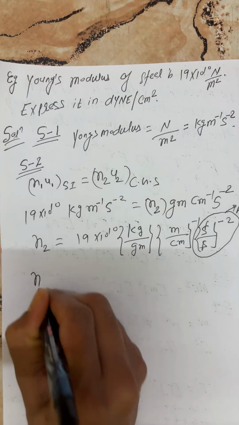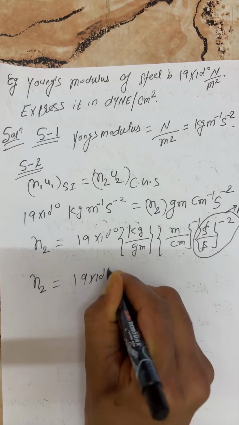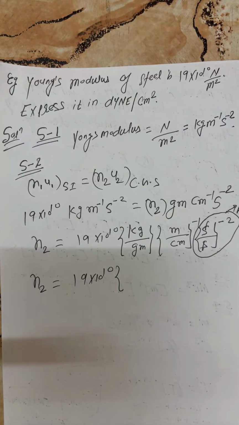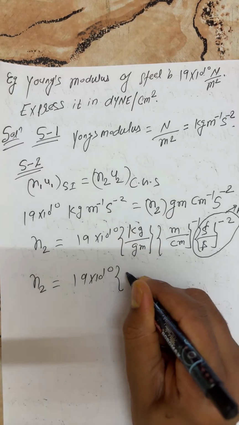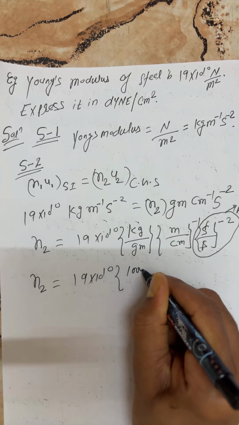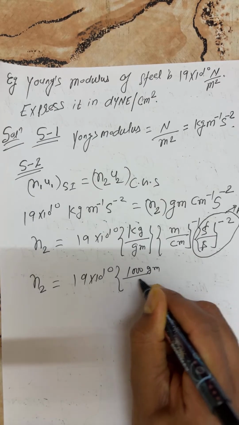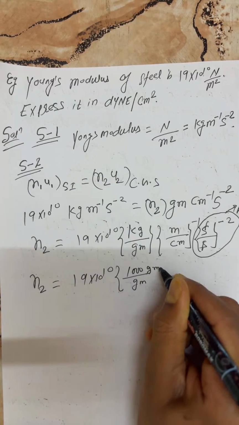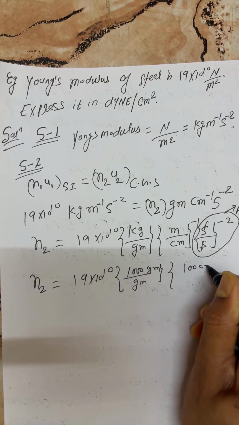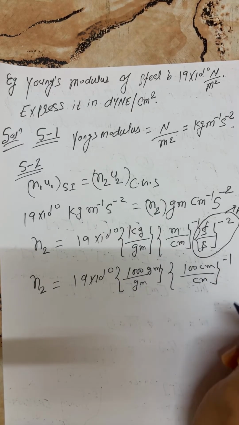Now n2 equals 19 into 10 to the power 10. Here I'm going to use kilogram to gram, which is 1000 gram upon gram, and meter to centimeter, 100 centimeter upon centimeter to the power minus 1.